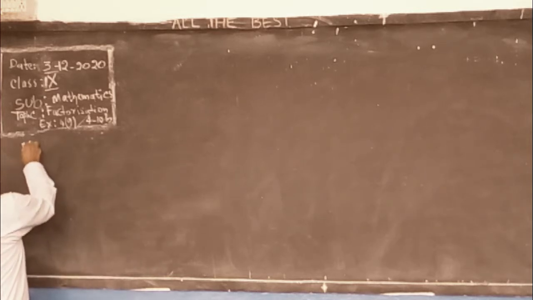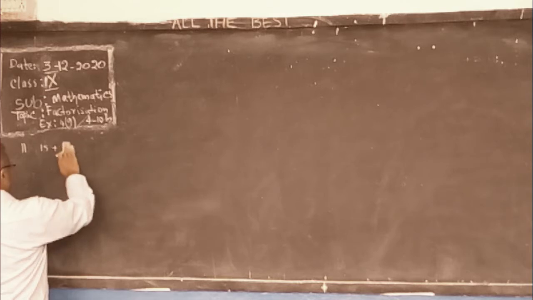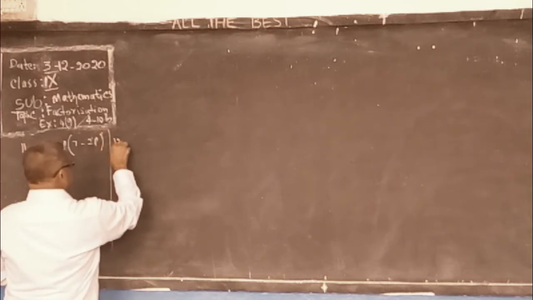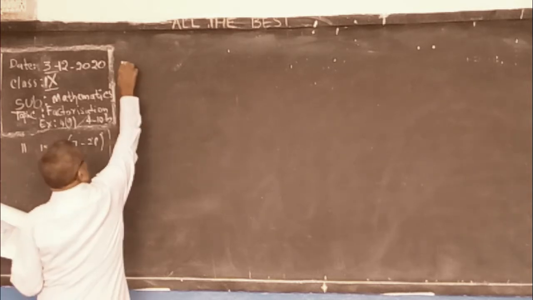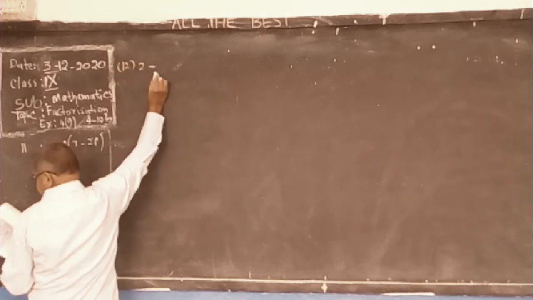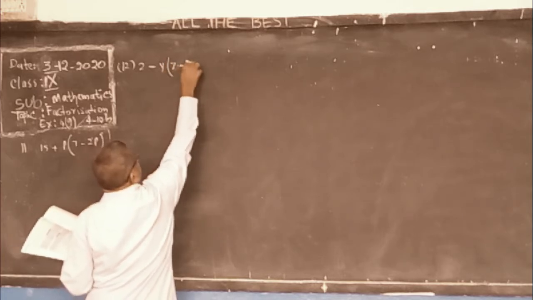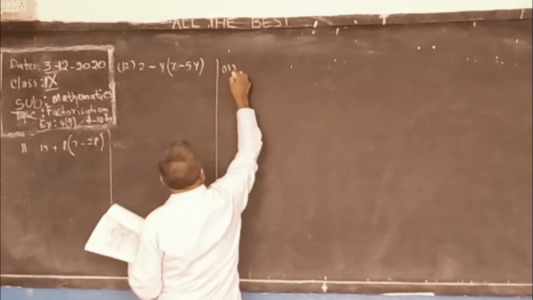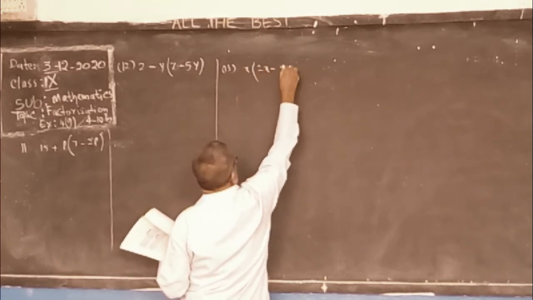Now the 11th problem: 15 plus 7p minus 2p squared. 12th: 2 minus 7y plus 5y squared. 13th: x of 2x minus 5 minus 3.